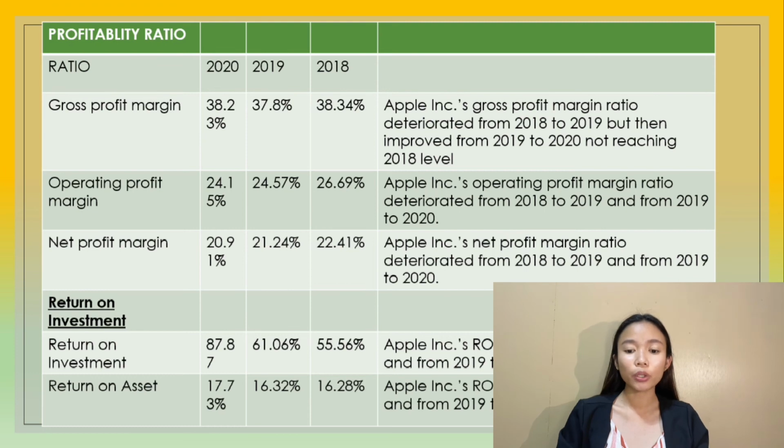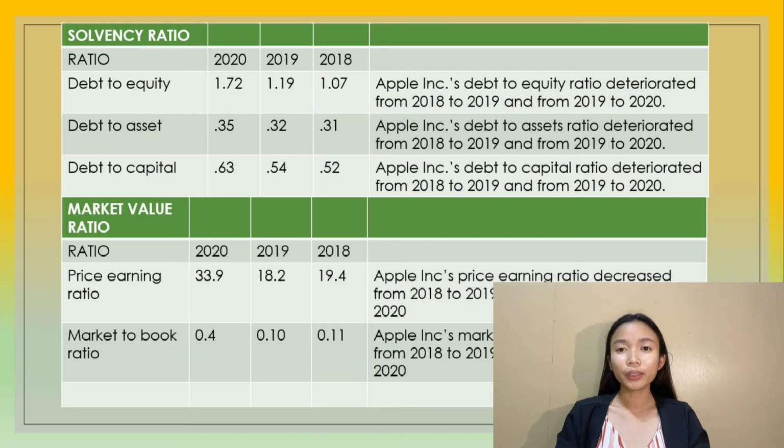Return on assets shows how efficiently a company can convert the money used to purchase assets into net income or profits. This means that in the year 2020, every $1 invested in assets during the year produced $0.177 of net income.